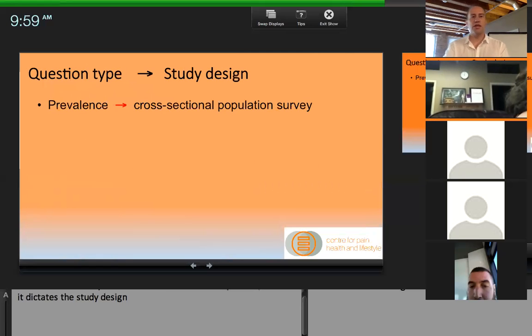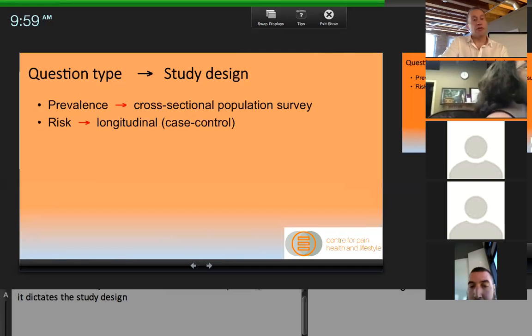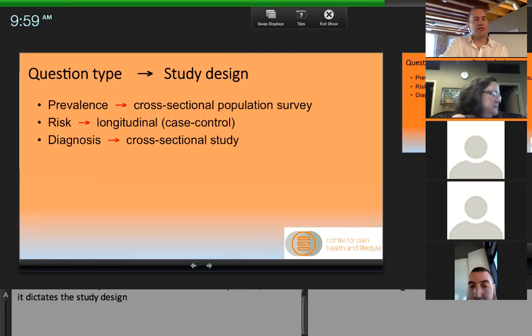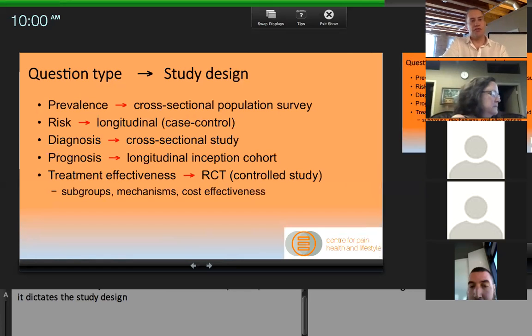If you're looking at questions of prevalence, generally we look at a cross-sectional population survey. If we're looking at risk, we need a longitudinal study. We can use a case control study. We'll talk more about this tomorrow. Diagnosis, we use cross-sectional studies. Prognosis, again, we need a longitudinal study. Treatment effectiveness, etc., and it goes on.